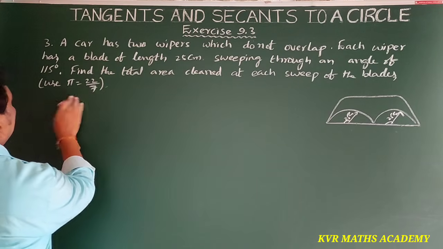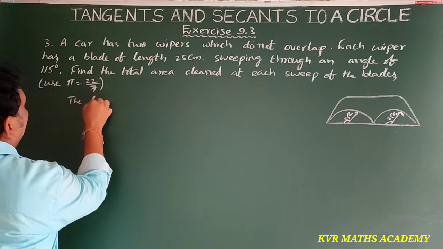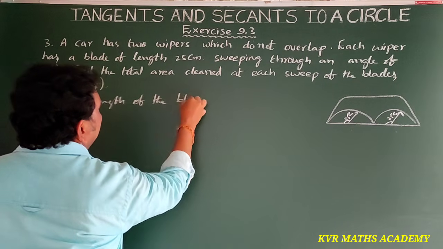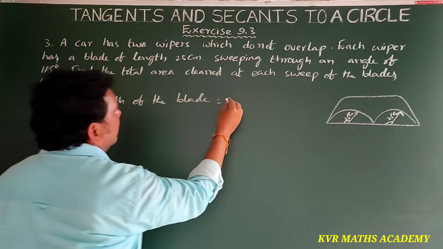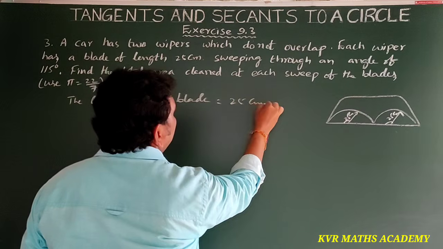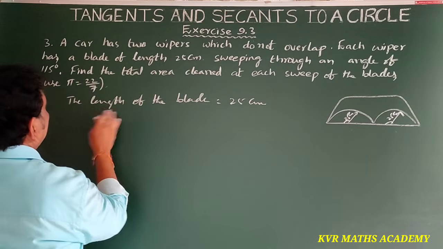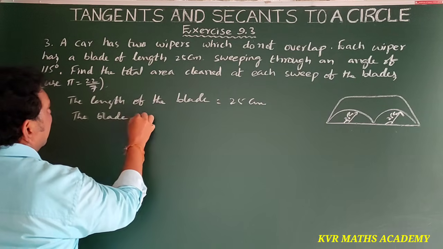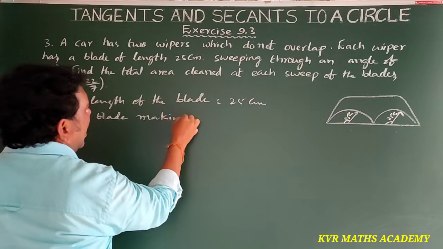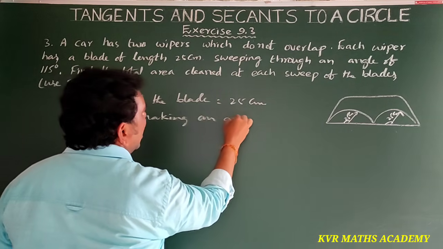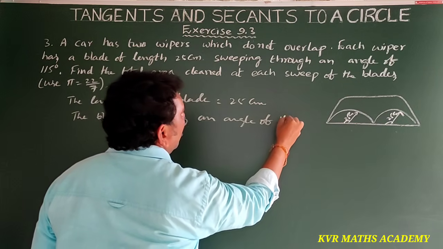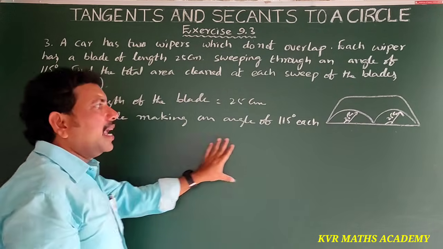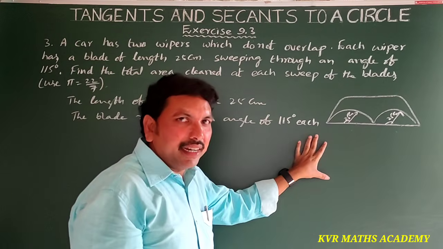Look here. The length of the blade is equal to how much? 25 centimeters. Next, each blade is making an angle of 115 degrees, right?